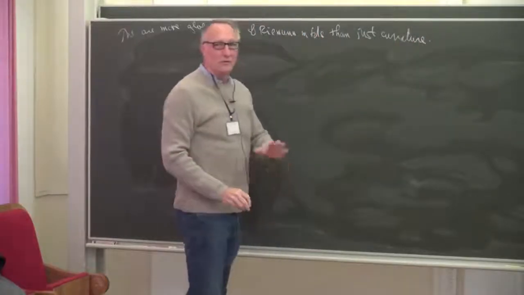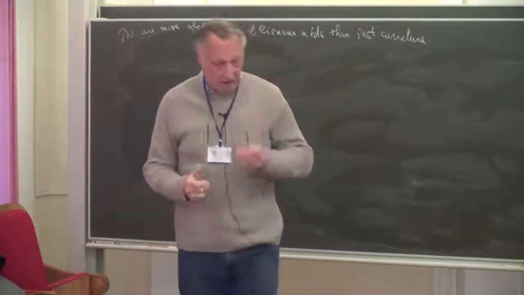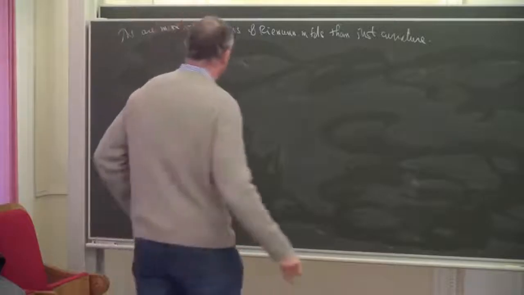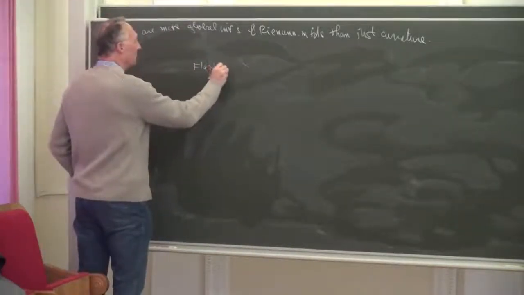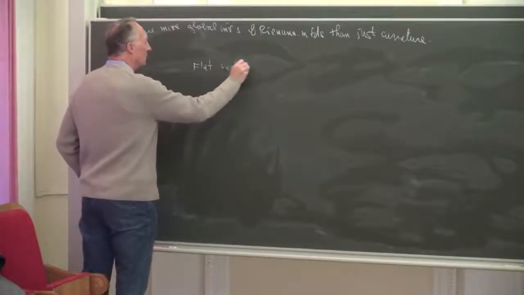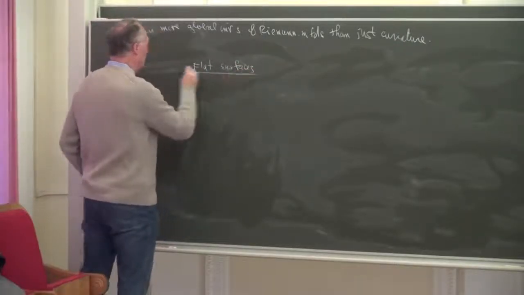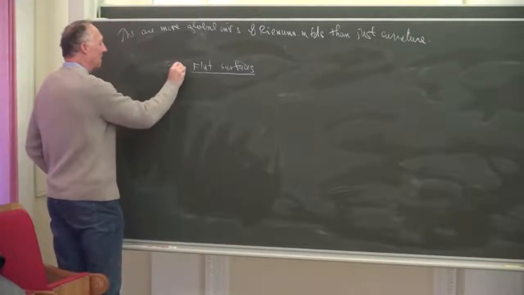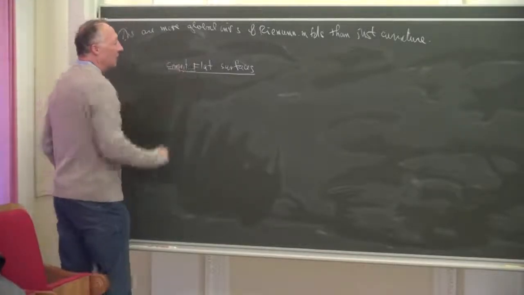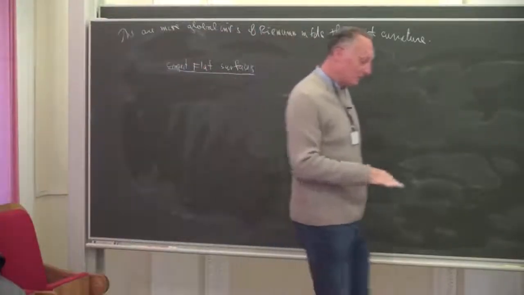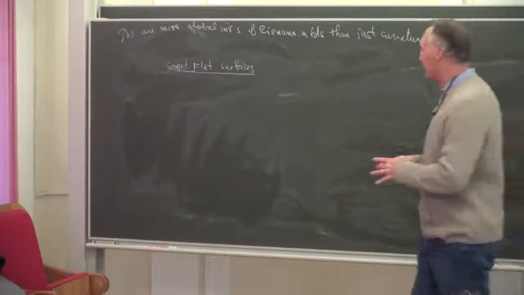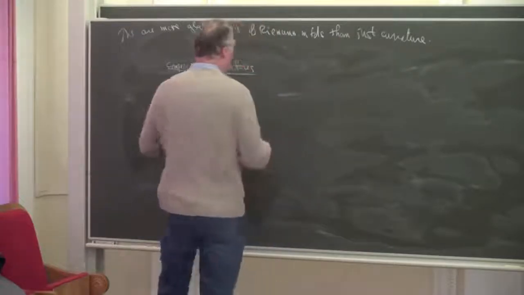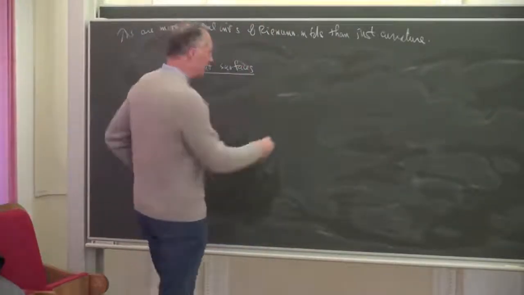And let me start with a simple example that I'm sure is known to all of you, flat surfaces. Now I'm going to take closed ones, compact. So when I say flat, I mean the Riemannian curvature tensor is 0, so locally at least the surface is modeled on R2 with the metric.